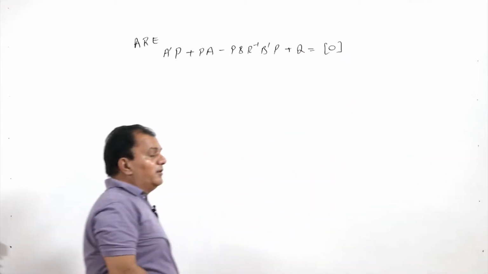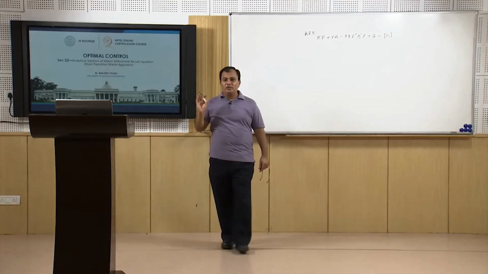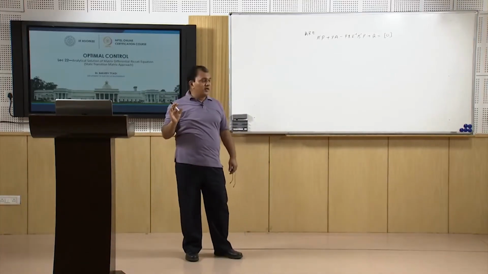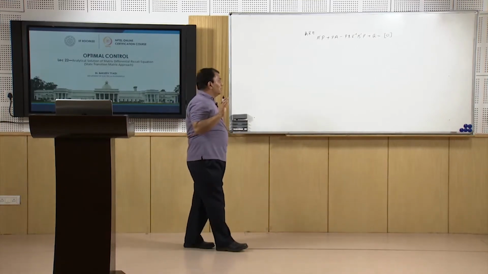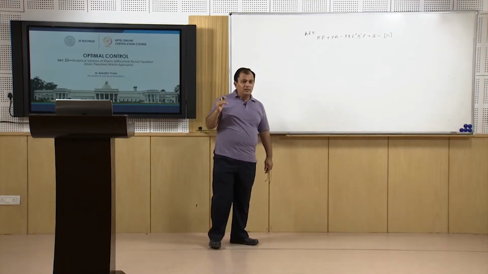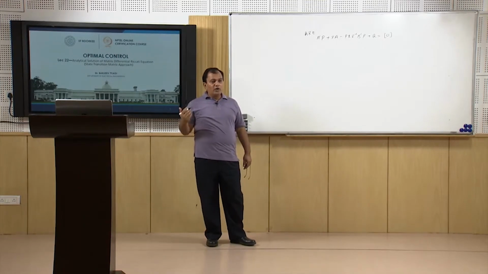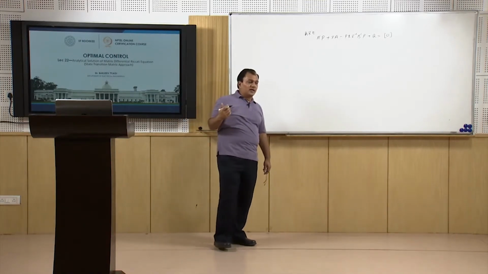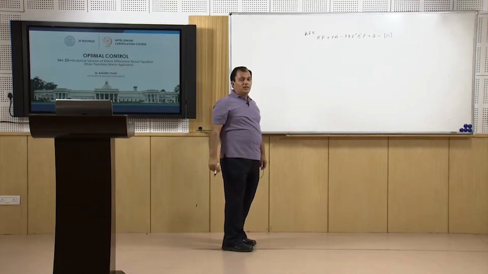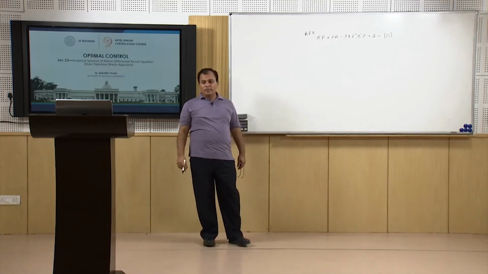So, this is my algebraic Riccati equation, and the nature of this equation is that it is a non-linear algebraic equation, and the solution of this equation is not direct. Sometimes we will have multiple solutions.